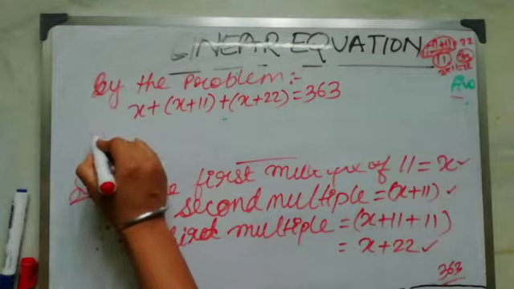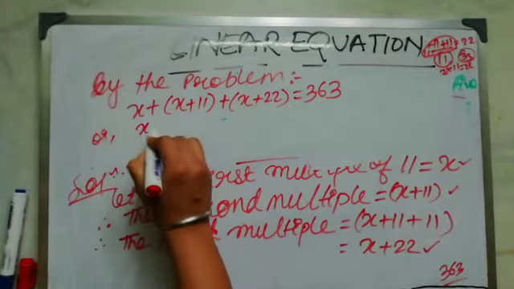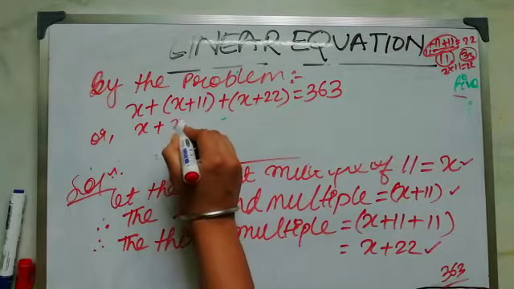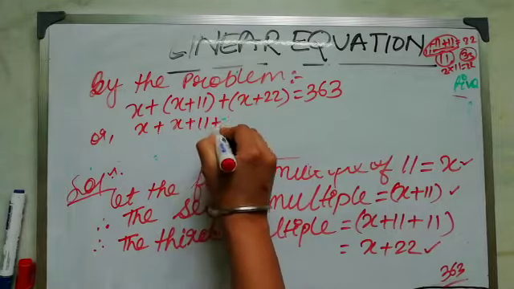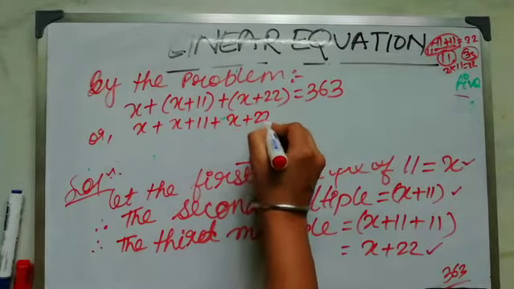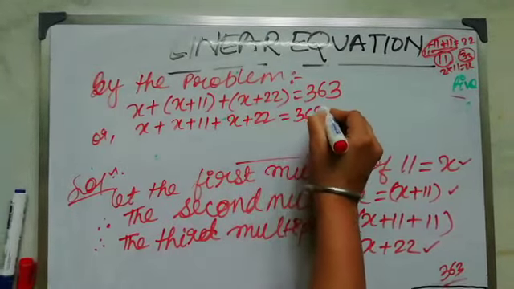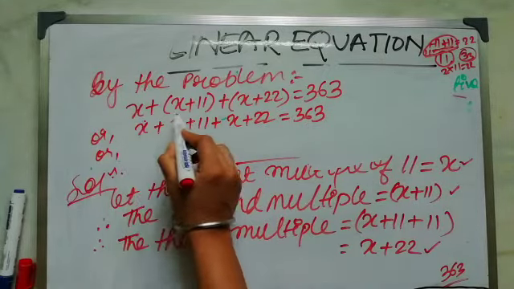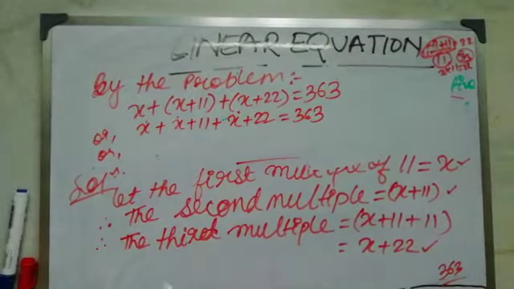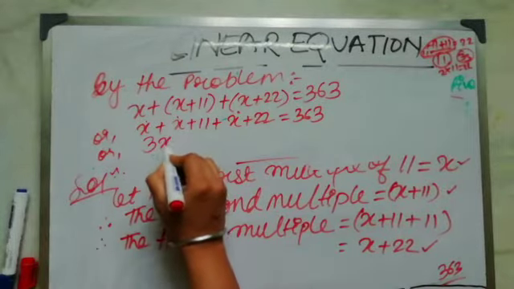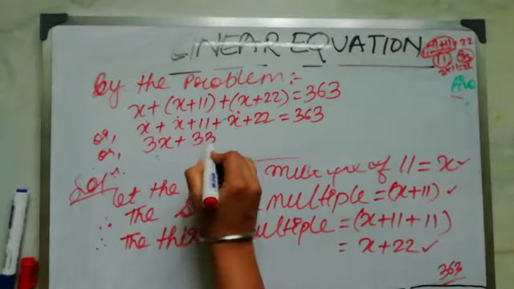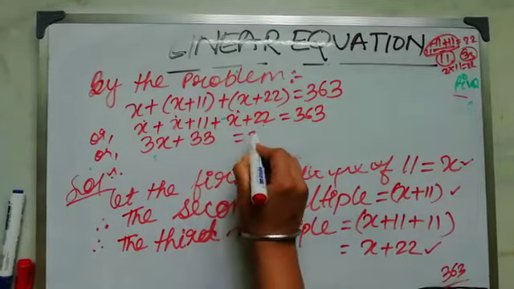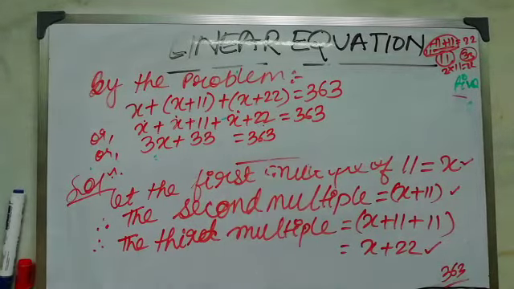Fine. So I open all the brackets: x plus 11 plus x plus 22 is equal to 363. See, these three are like terms, so 3x plus 22 plus 11 is 33, so 363 here again.